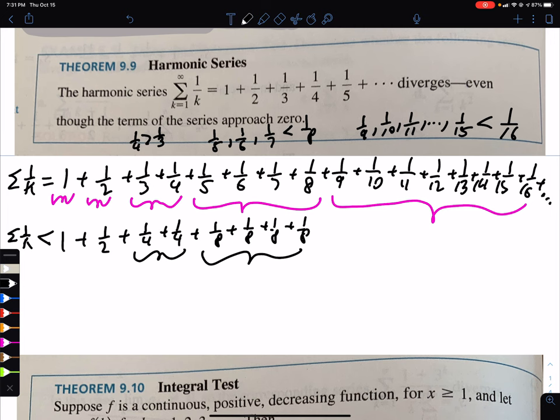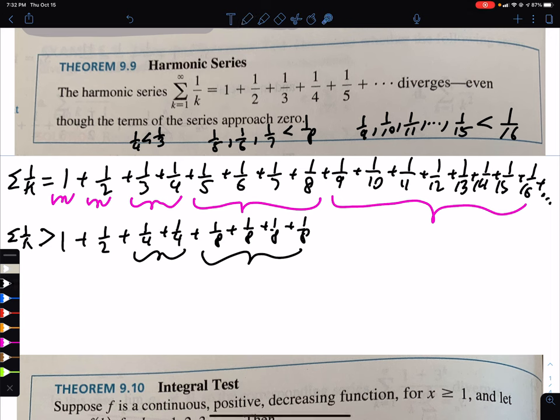No, 1/3 is bigger than 1/4. 1/4 is smaller than 1/3. Oh, I'm comparing it to the... Okay, I know what I'm doing. Whew. Okay, we are correct. 1/4 is smaller than 1/3. So since 1/4 is smaller than 1/3, if I put a smaller thing here, this will be smaller.